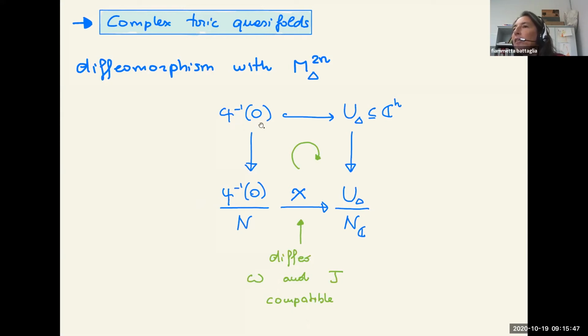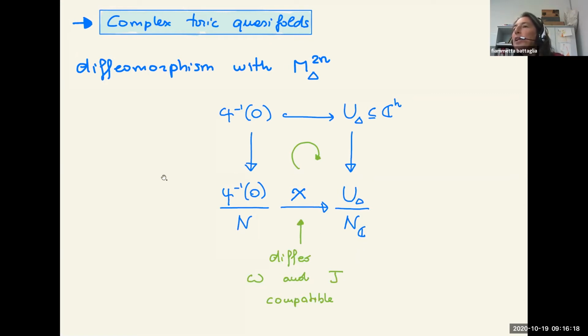This level set is contained in the open subset U_Δ, so there is a natural inclusion map. And when we pass to the quotient, this map descends to the quotient. We prove that this is a diffeomorphism, and the symplectic structure on one side and the complex structure on the other side are compatible.